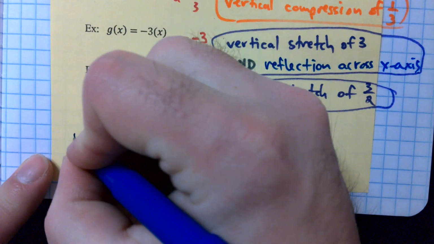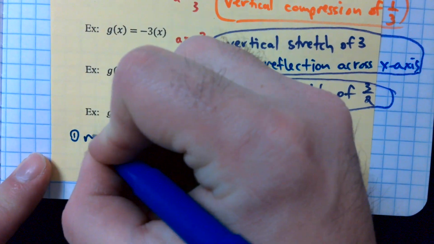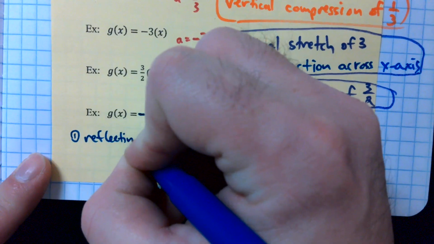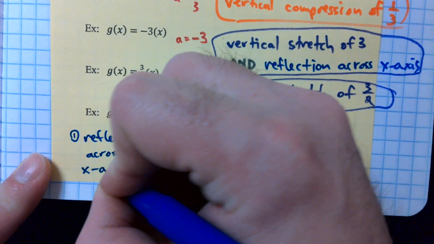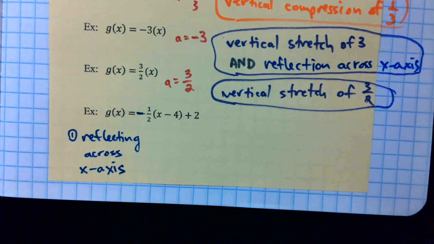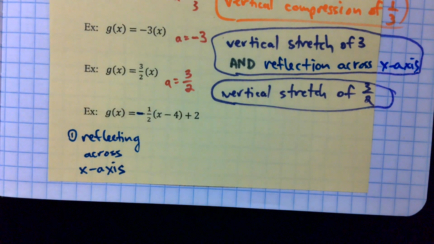Reflecting. So the first thing I'm doing is reflecting across, so always the x-axis. Because if I have a slope of 1 and a slope of -1, that's the same sloping line just being reflected.